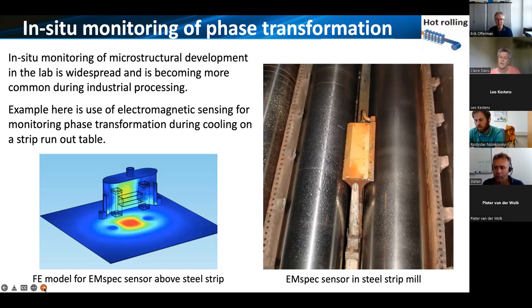Bottom left shows the FE models that we're able to use to give the predictive approach. And really what we're doing here is monitoring phase transformation during cooling, because we want to ensure that the predictive approach using, for example, CCT curves, so what temperatures and what cooling rates we need to optimize our ferrite grain size, how that relates in practice.